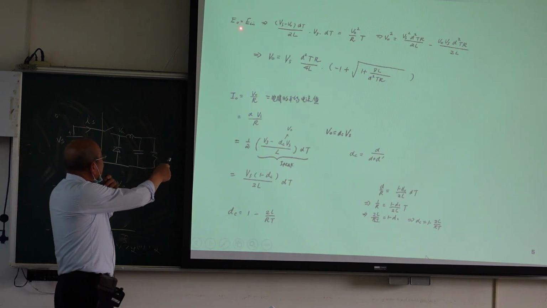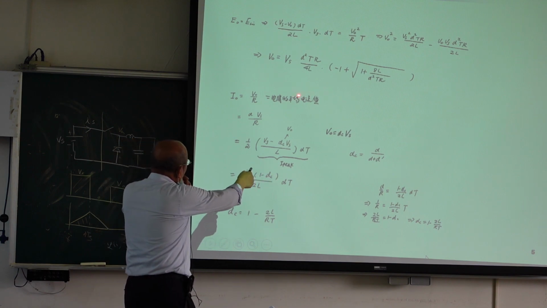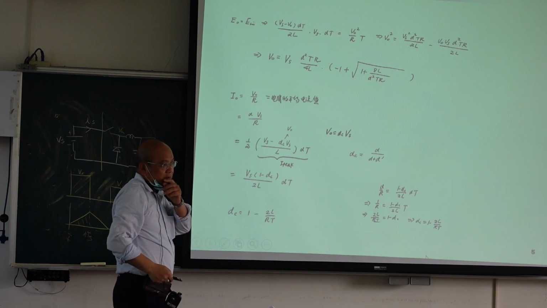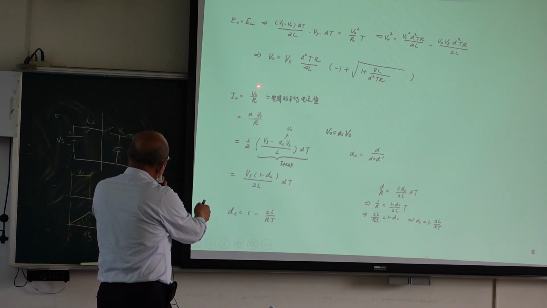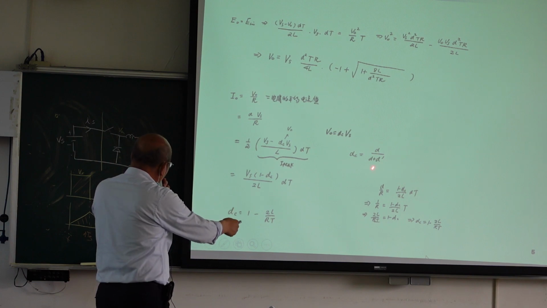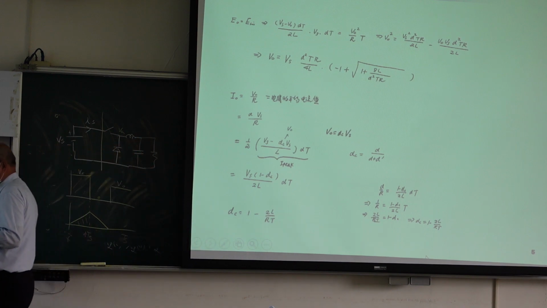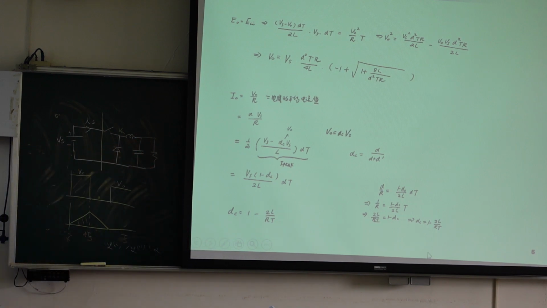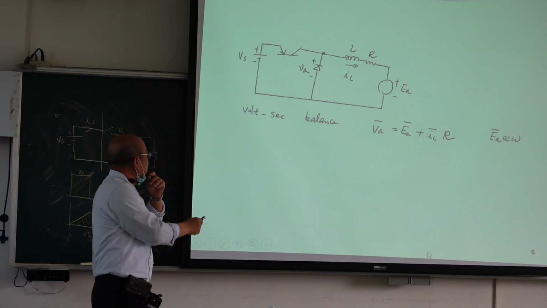Then input energy equals output energy, then you can develop this one. So this is your result. So how about Io? Io is Vo over R, then you can calculate Io. So you can use energy balance to develop your own mathematical formula, then you can get a degree because this is a new idea.